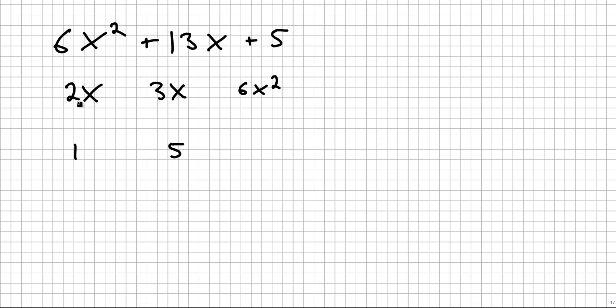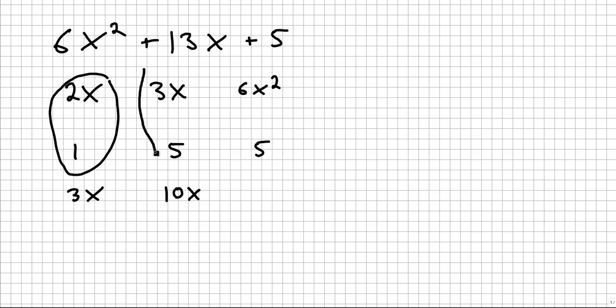So 2x times 5 will be 10x. 3x times 1 will be 3x. How can we get 13x? Well, if this is plus 3x and this is plus 10x, so it's going to be plus 1 and plus 5. Can we get the 5? Yes. 1 times 5 is 5. And now we can rewrite the expression.